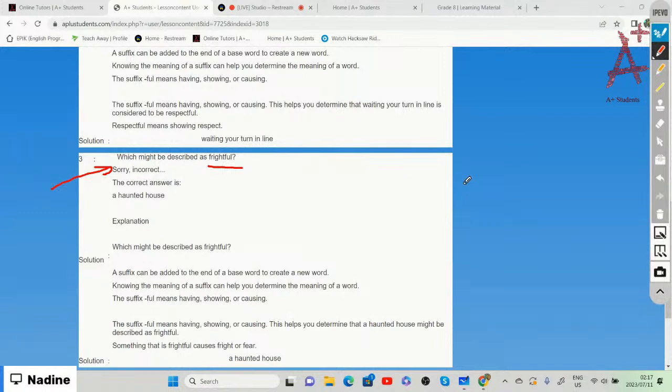So a haunted house might then be described as frightful, right? It is scary. Something that is frightful basically causes fear, or you get the shock of your life, or fright, right? It basically just means that you are fearing or you're scared. That is frightful. And in this case, a haunted house might be described as frightful, right?